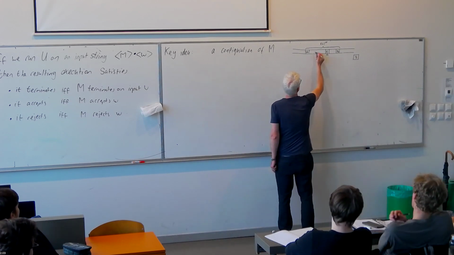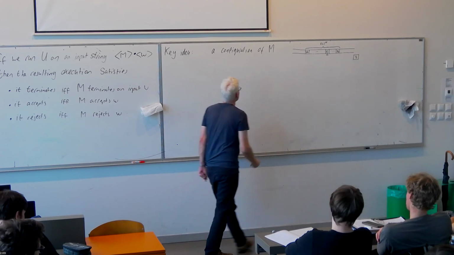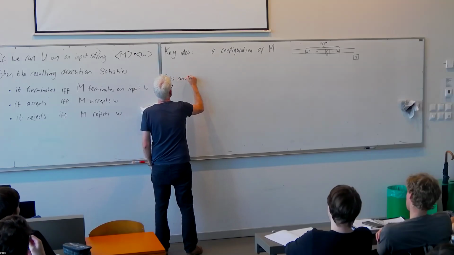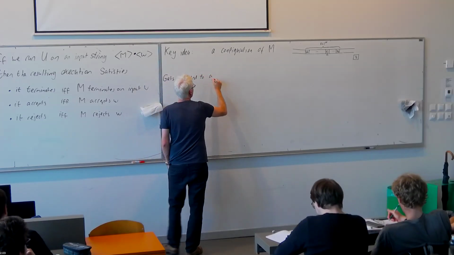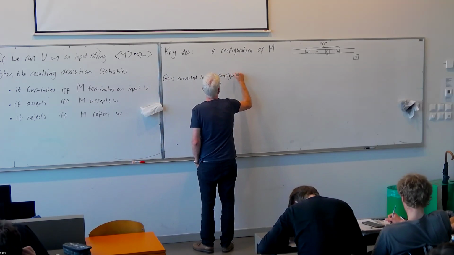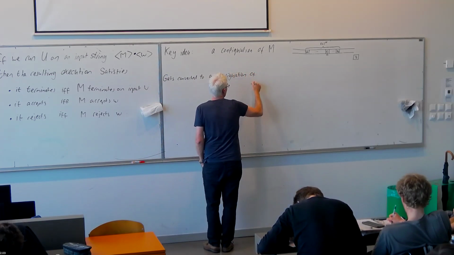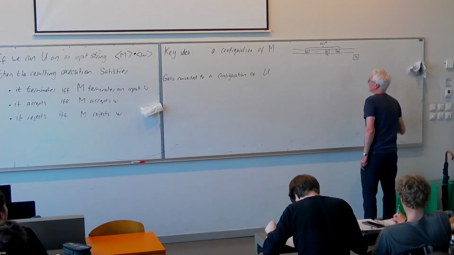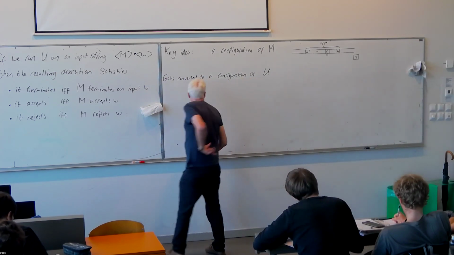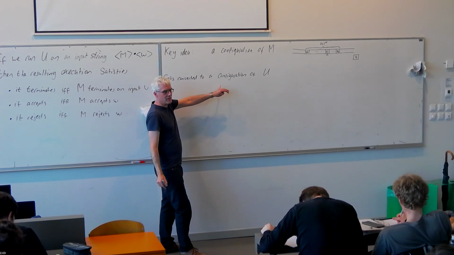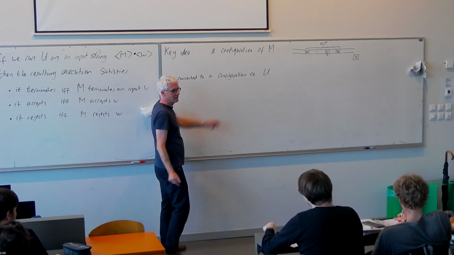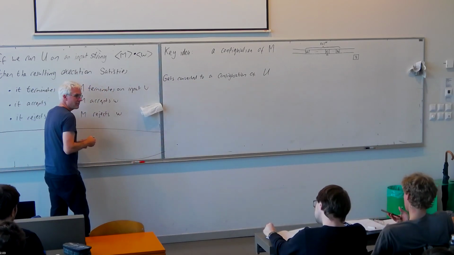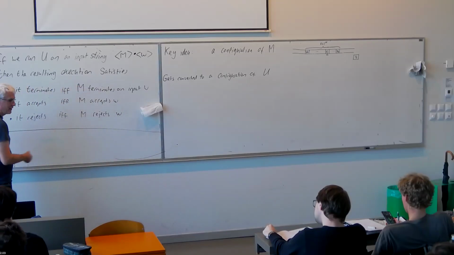Okay. So when this gets converted to a configuration of U, in the execution of U, for convenience, I'm going to use a 3-tape Turing machine for U. But we can obviously convert it back to a 1-tape machine using the ideas we had at the beginning.